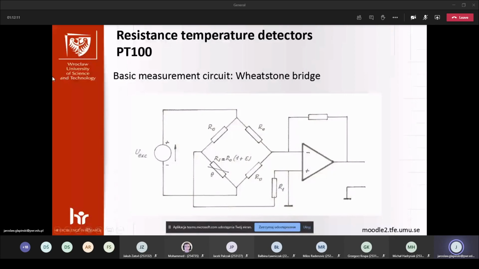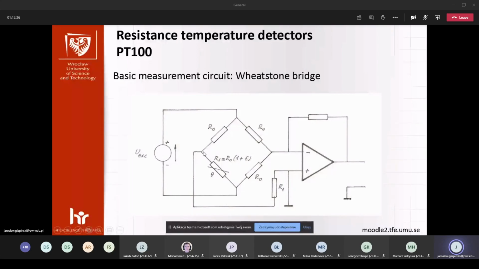The problem is, let's say we have none of these elements. If we've got a resistor that changes its value, we can connect it to an external source, and if we add some resistor in series, we get changes of the voltage.